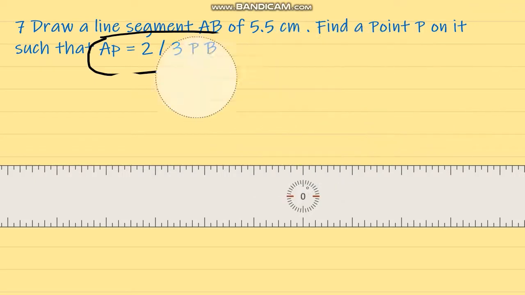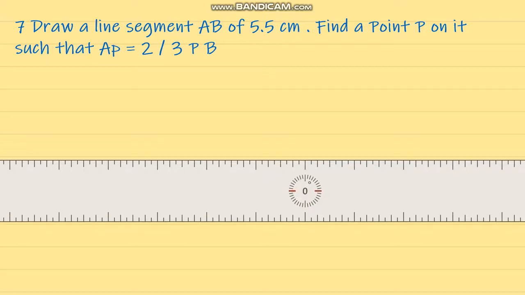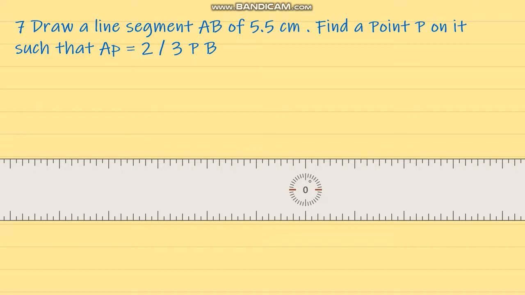Now let us start doing the work. First, what we have to do? We have to draw a line AB. Now children, I have already told you in your previous classes that when you are drawing the lines, you have to keep in mind, see, this is the single ruled copy and this is the page of your single ruled copy, and on the page you take one line and draw AB of length 5.5 centimeter.